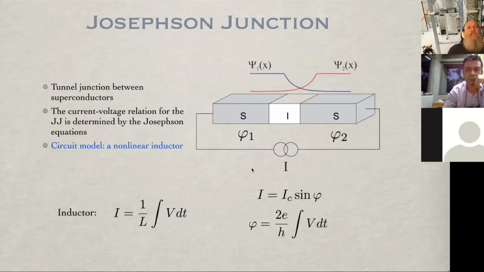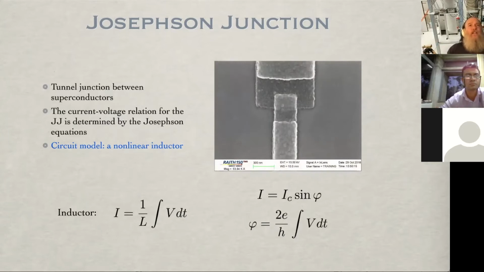I won't emphasize it here, but for any circuit, I can define this phase variable, which is the time integral of the voltage. But as it turns out, in a superconducting system, we can formally associate this with the phase of the superconducting condensate, or the phase of the superconducting wave function, which is important, but again, I won't emphasize it here.